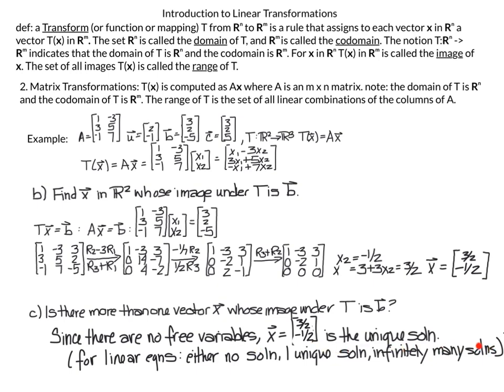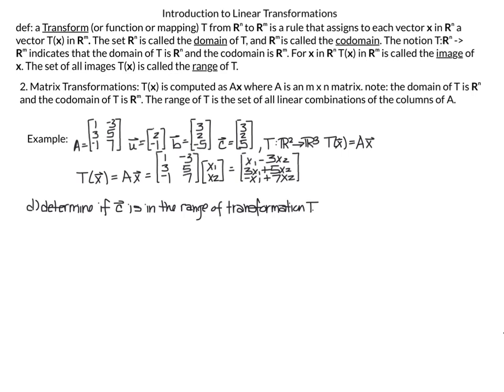To have infinitely many solutions, we would need a free variable, which we don't have. And no solution is not a possibility because we did find one, which must mean we are left with one unique solution. So since there are no free variables, x equals (3/2, -1/2) is the unique solution. This line here is my answer, not necessarily what's in parentheses underneath.